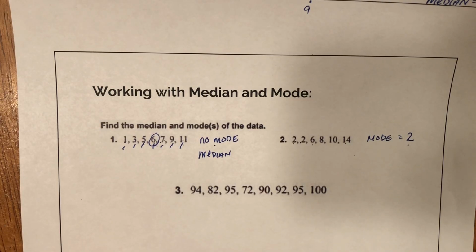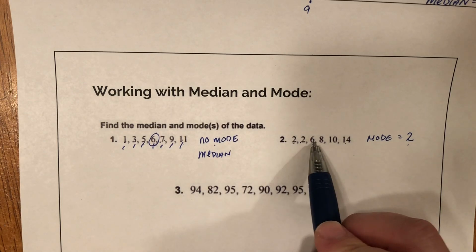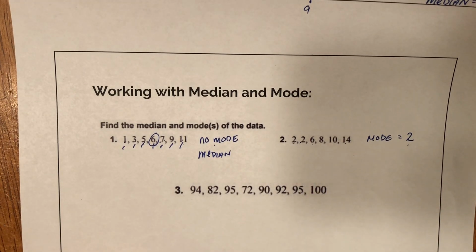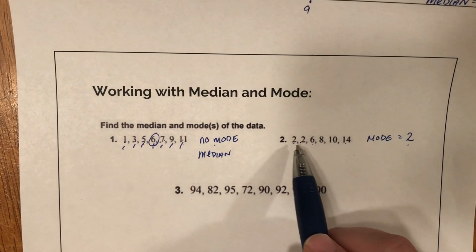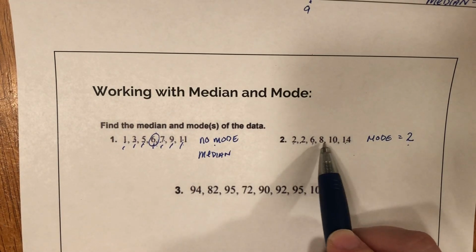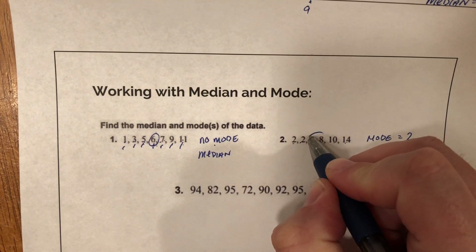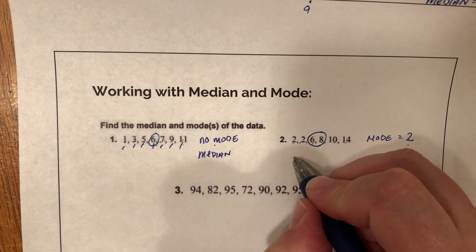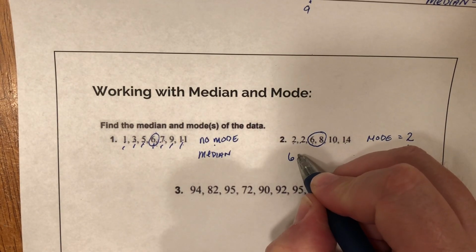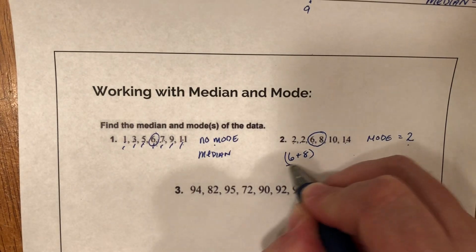Okay, so then the median, again, that number in the middle, here we have 1, 2, 3, 4, 5, 6, which is an even number, so we know there'll be 2 numbers in the middle. And half of 6 is 3, so if we count in 1, 2, 3, 1, 2, 3, these are the 2 numbers in the middle. So we find the mean of those 2 numbers, so 6 plus 8 divided by 2.